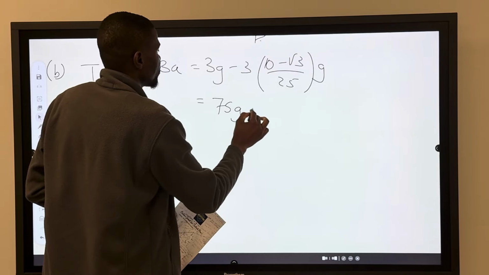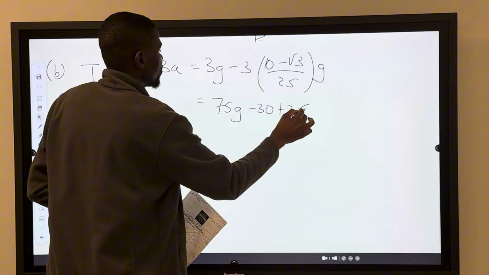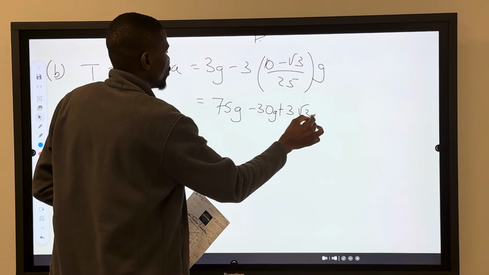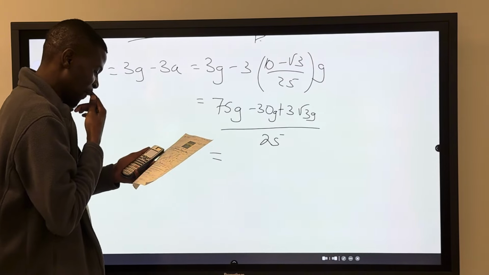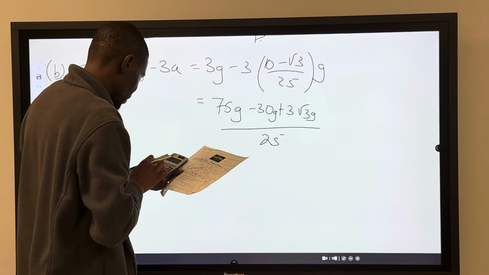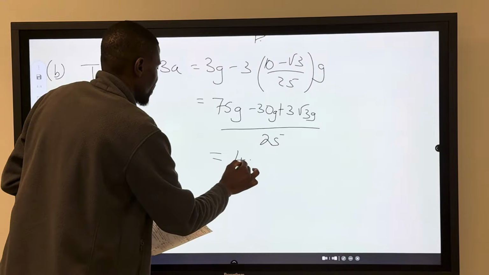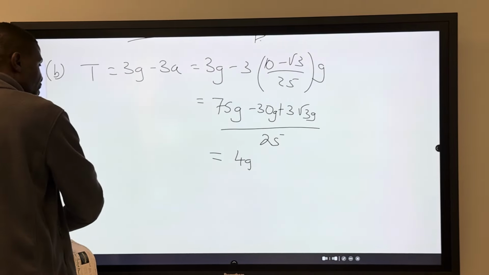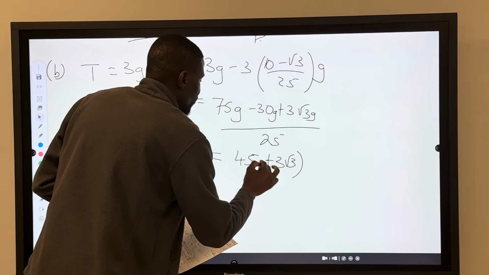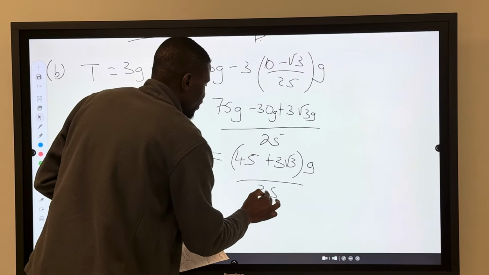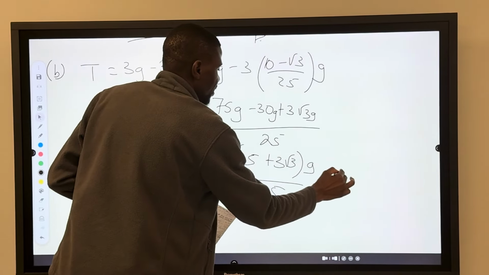Then if I distribute this, minus 30, plus 3 root 3, G all over 25. So 75 minus 30 should be 45, right? So it's going to be 45 plus 3 square root of 3G over 25, right? So this one here needs a square second, right?